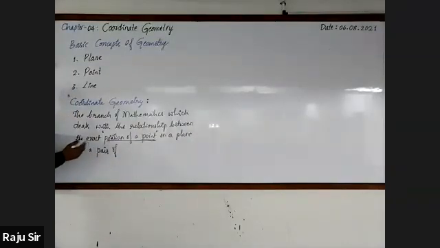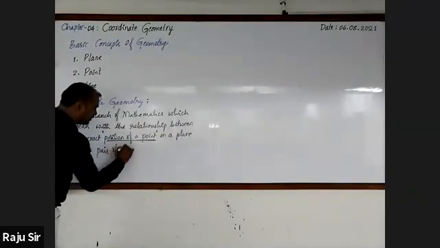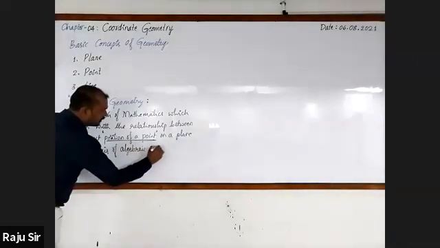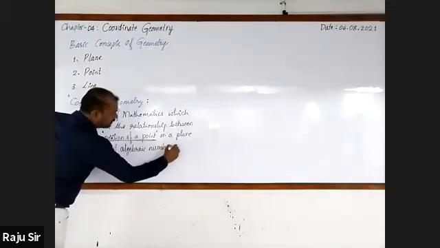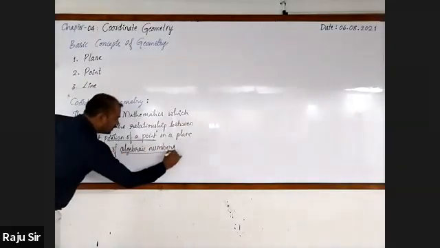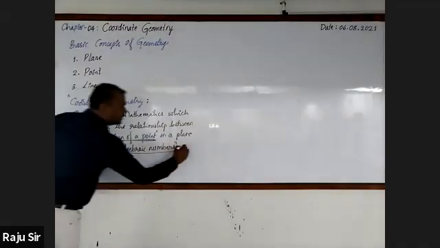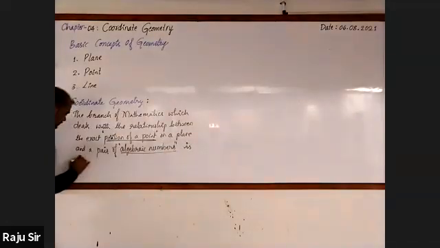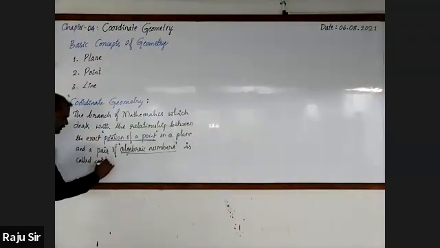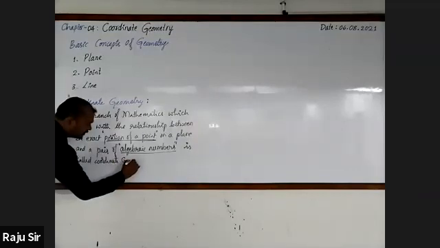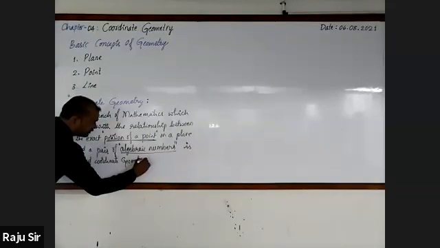Ordered, nothing but algebraic numbers. Underline marking: position of a point. A pair of algebraic numbers. I am underlining algebraic numbers. It is called coordinate geometry.